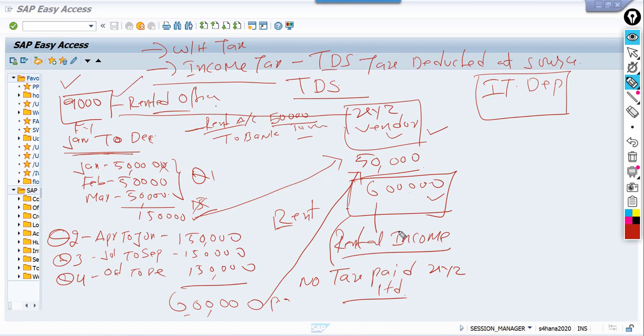So to avoid tax, he didn't pay any tax on this rental income. So this is purely tax evasion. So what the Income Tax Act did, they added this concept TDS. If the system is operating like this, if there is no TDS, the income tax department doesn't have any information about this taxpayer.